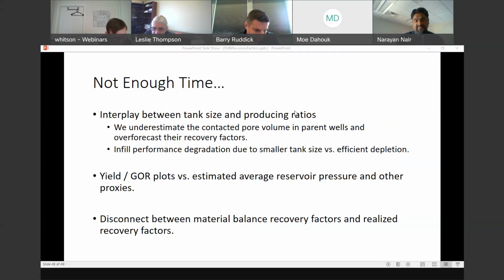Have you seen similar issues to that? We certainly used to. When we first started trying to apply more material balance based techniques to our wells, we would consistently run into examples where the recovery of the system was over 100% of the water that we thought was there.